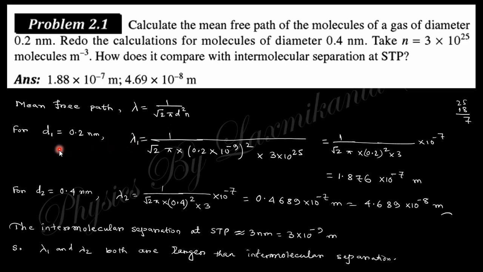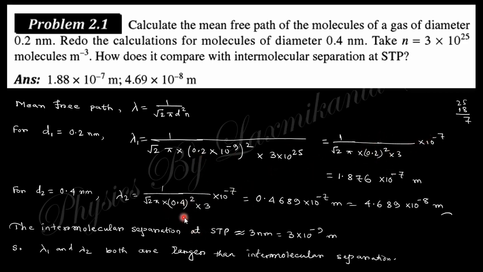If you take the diameter d1 equal to 0.2 nanometer, transform it into meters, and put in n, you will get 1.876 times 10 to the minus 7 meter. Instead of 0.2, if you put 0.4 nanometer, you just replace 0.2 with 0.4.